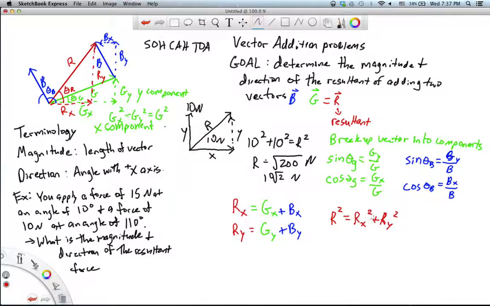This is called vector addition. This isn't really normal addition. You can't add vectors in the same way you do normally. So R squared is equal to Rx squared plus Ry squared. Then the resultant magnitude is equal to the square root of Rx squared plus Ry squared.